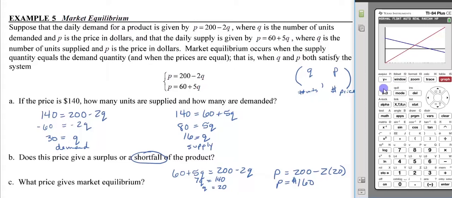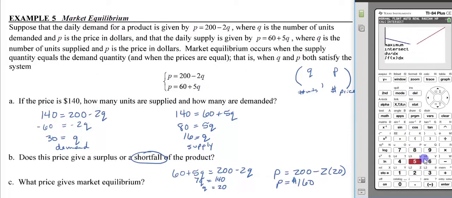You can find those intersections as well. You calculate the intersection between, let's say, the red and the black. There you go. At 16 units, price of $140. There we go. That's your supply. You could do it again.